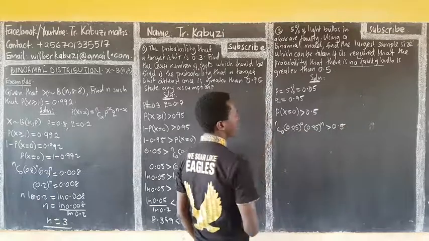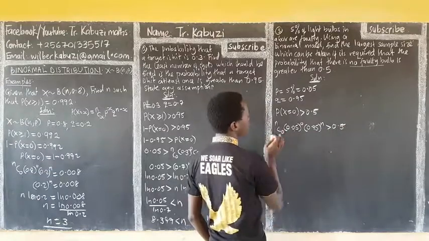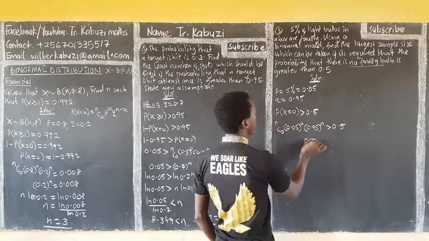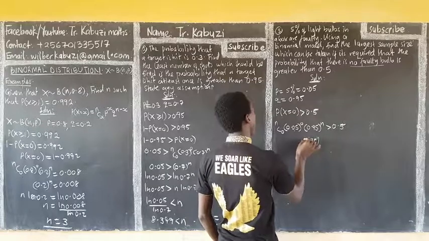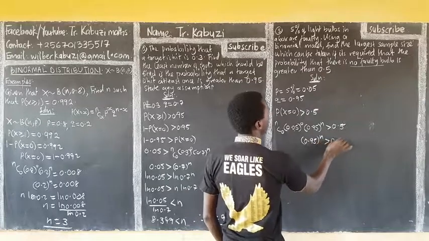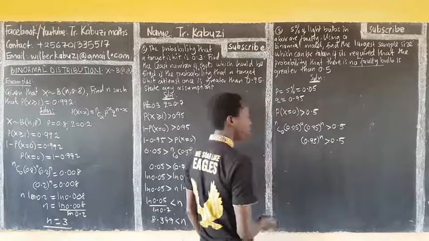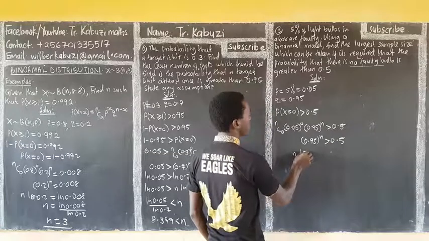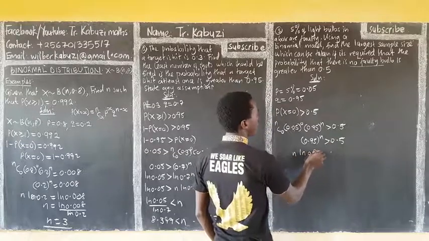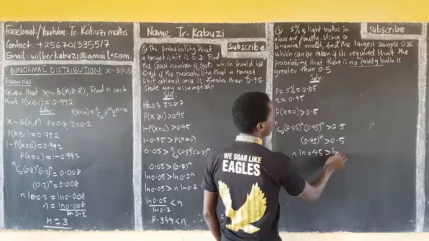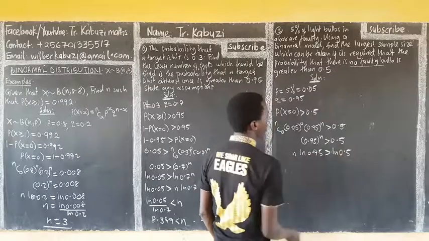This will be 1 and this will be 1. So remaining 0.95 power n greater than 0.5. Introduce natural log both sides. Those are important. You can introduce log to base 10. It is also very okay.